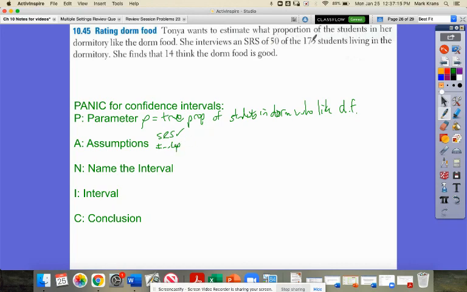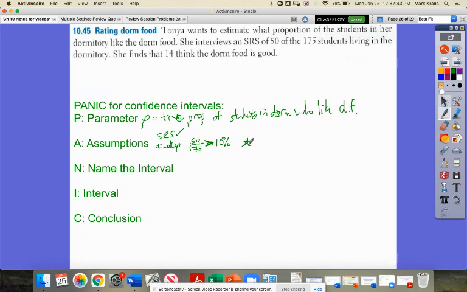Independent: 50 of the 175 students living in the dormitory. That's less than 10%. Uh-oh. Or greater than 10%, excuse me. The population is not going to be 10 times greater than the sample.